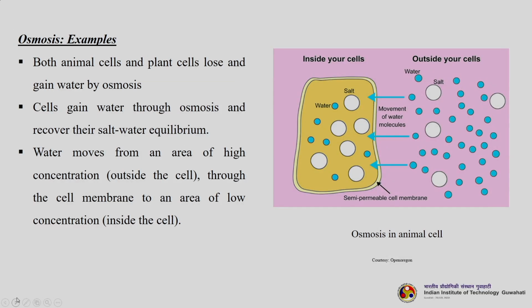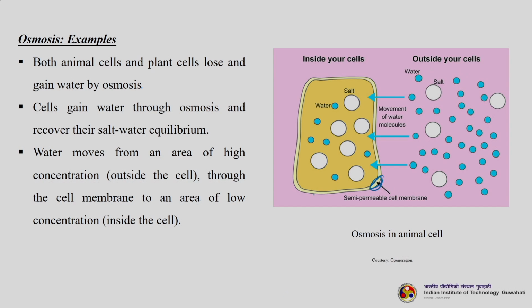So, I think we will just discuss one example of osmosis. Both animal cells and plant cells lose and gain water by osmosis. Okay. This is how osmosis is a very important phenomenon for all living things. So, inside the cells and outside the cells, what is happening, you can see there is a semi-permeable cell membrane.